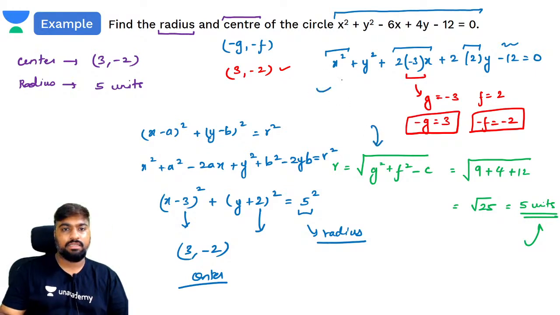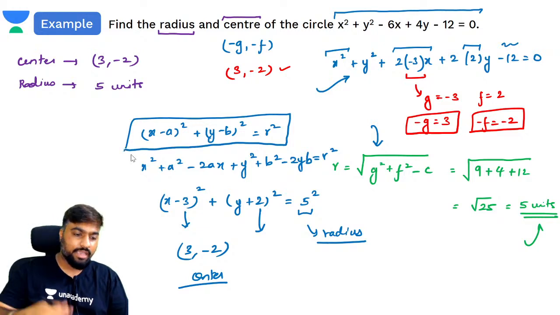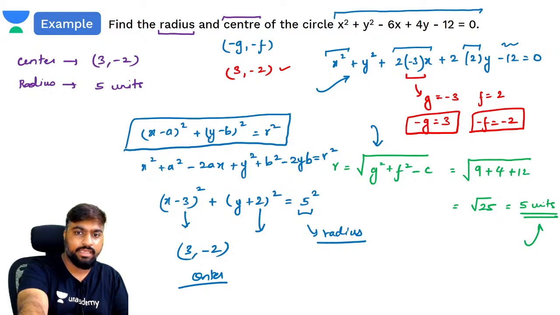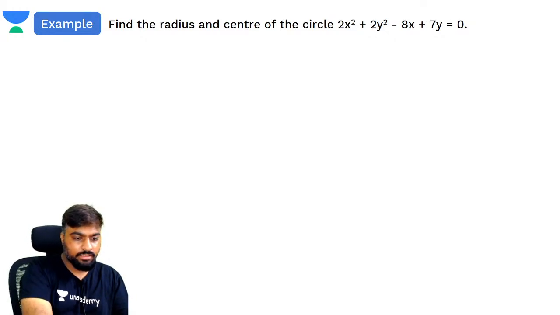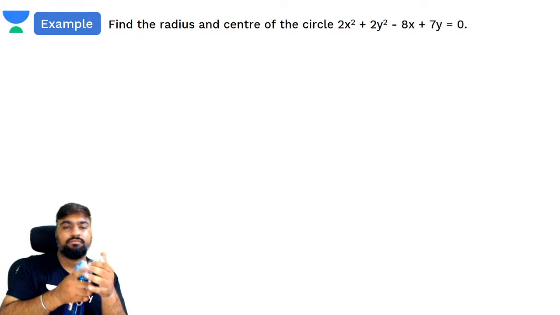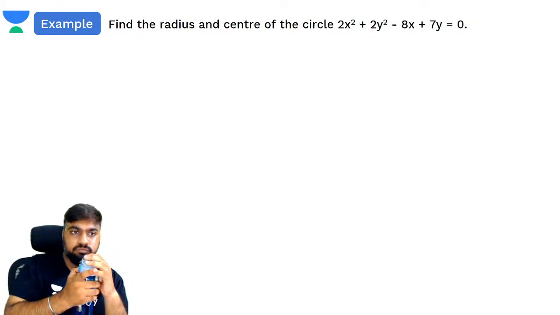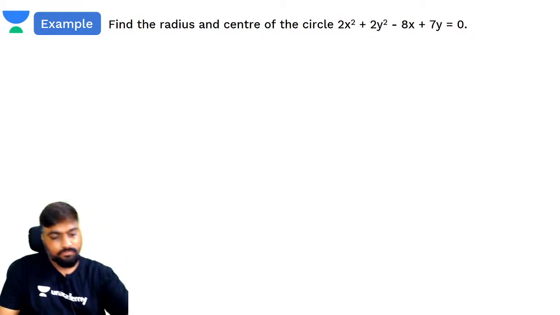You don't have to remember this, but as long as you know the standard form of equation of any given circle, you can identify the center and the radius from there. चलो, try the next question. Go ahead, try this. Quickly try this.